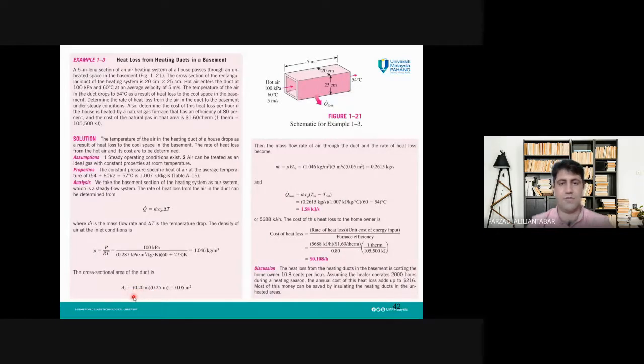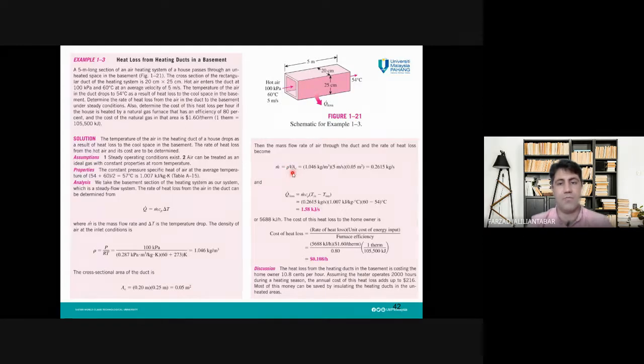We have converted from centimeter to meter. Then A_c, or cross-section area, which is normal to the direction of the fluid flow, will be equal to 0.05 meter squared. So we have A_c as well.